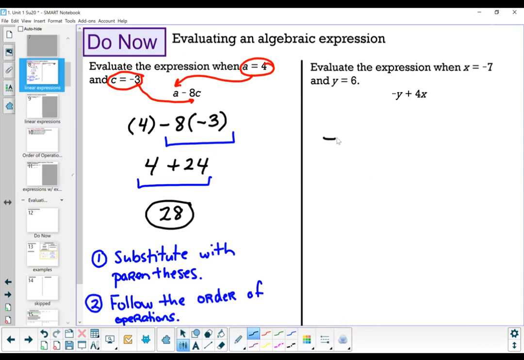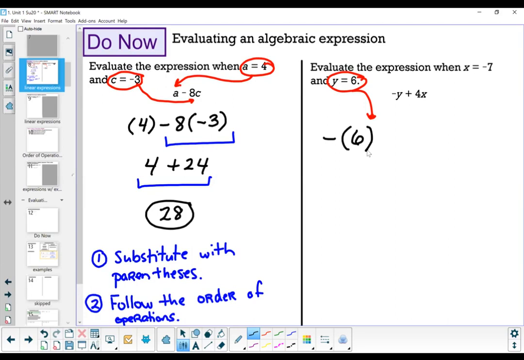Now, because the variable is there next, it becomes parentheses. And now we're replacing y with 6. Close parentheses. So notice how I put parentheses around the 6 because that is where y was before.